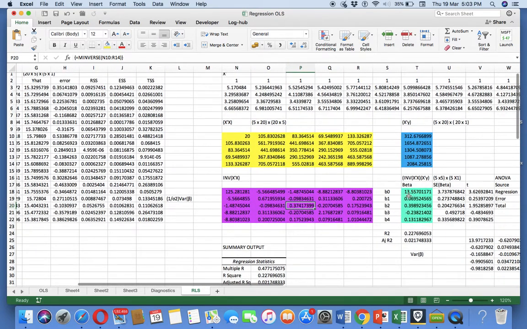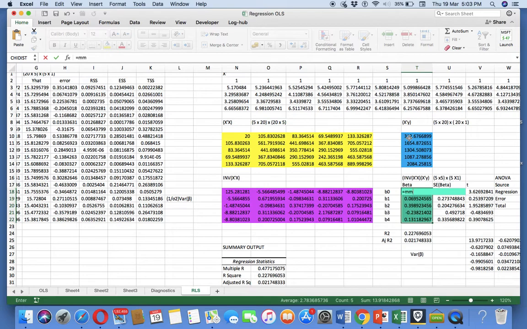And now the B coefficients can be calculated directly as the product of X transpose X inverse and X transpose Y. So this gives me B.